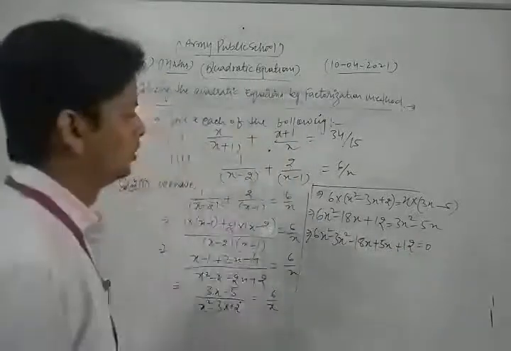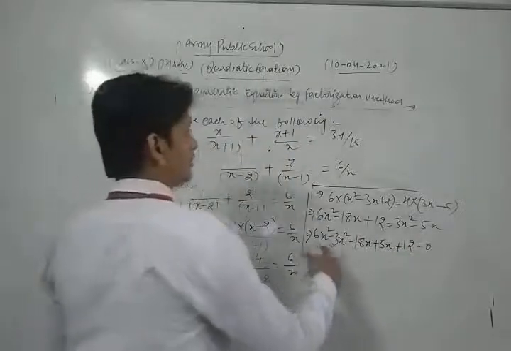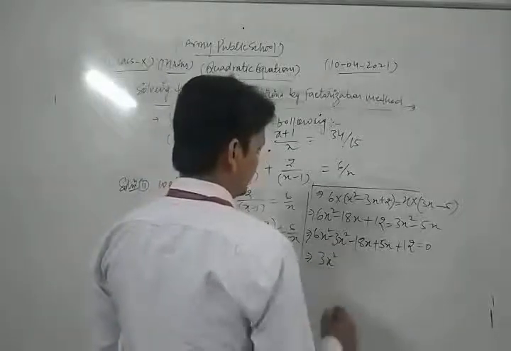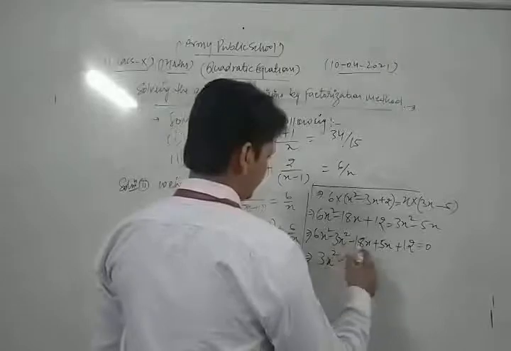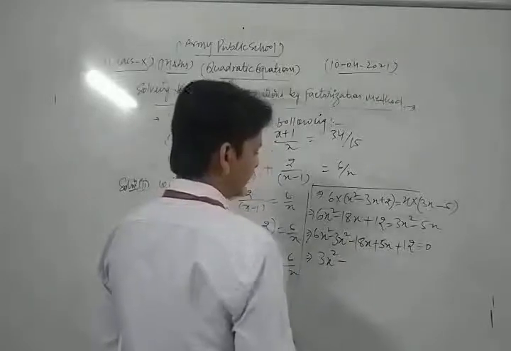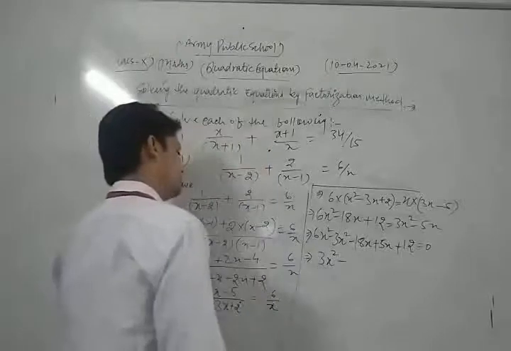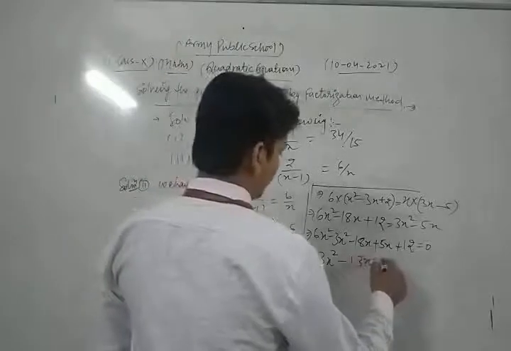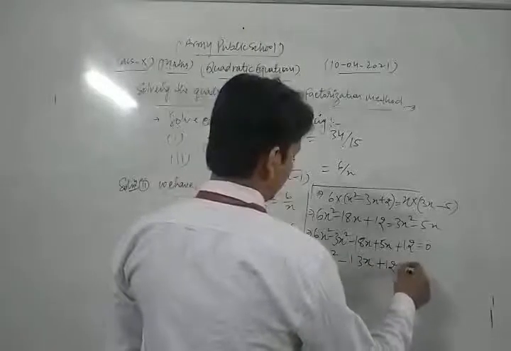Now we subtract them. We get 3x square, and minus 18x plus 5x is minus 13x, and plus 12 as it is.